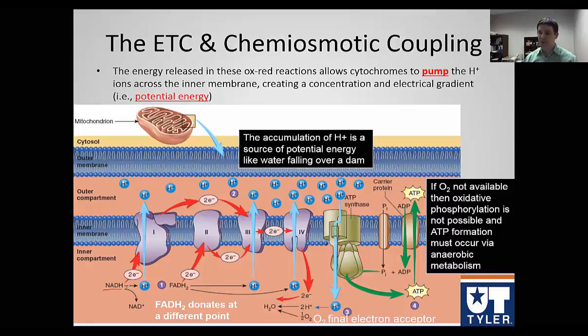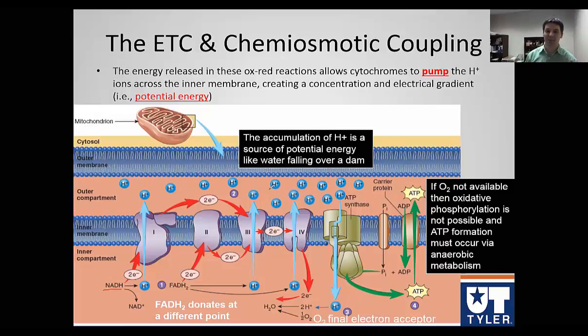Again, the idea is that we're using electrons to pump hydrogen ions outside against their concentration gradient. And as you can see, the gradient is high here. There are lots and lots of hydrogen ions just wanting to get back, but the membrane is completely impermeable. So as we pass electrons from complex to complex to complex, that allows us to pump protons out to essentially accumulate a source of potential energy.